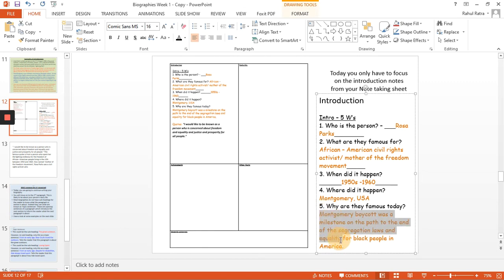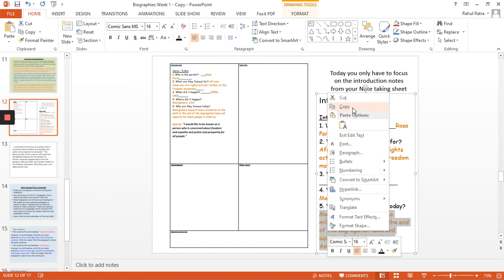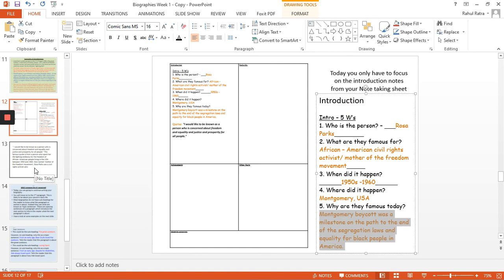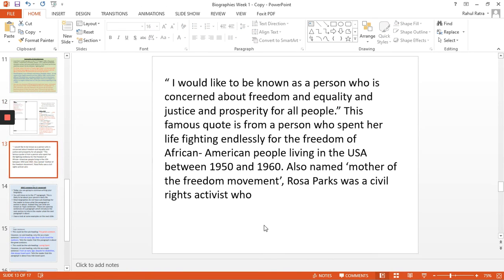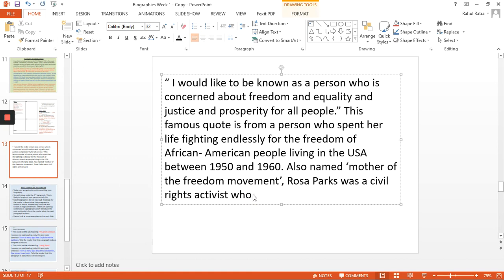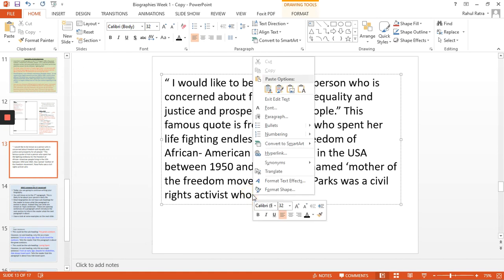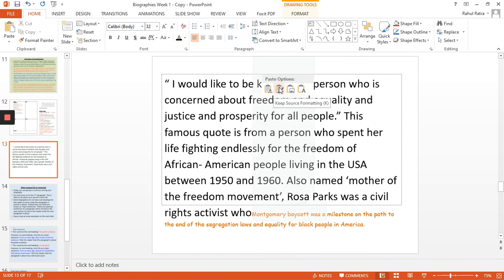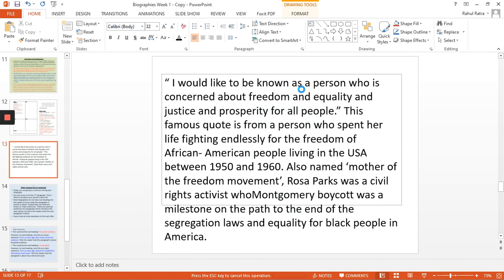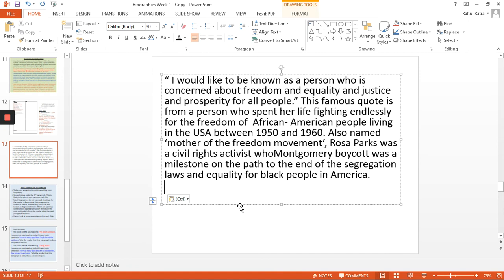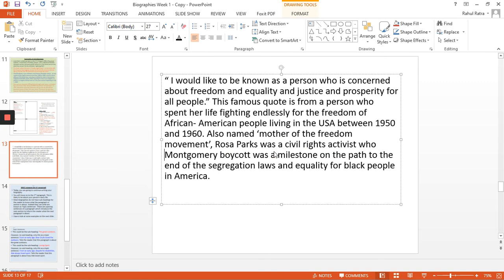I think I will copy that. Okay, so I'm going to copy and bring it here. Okay, so Rosa Parks was a civil rights activist who Montgomery boycott doesn't make sense.